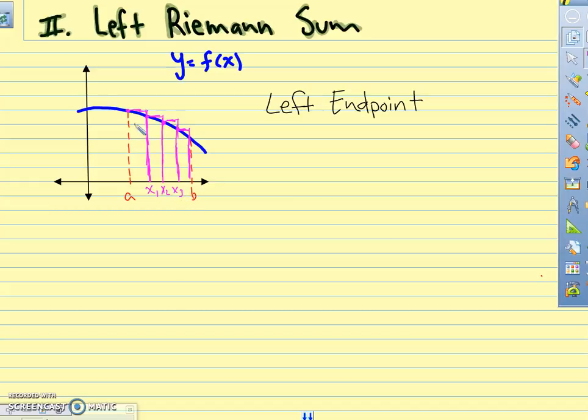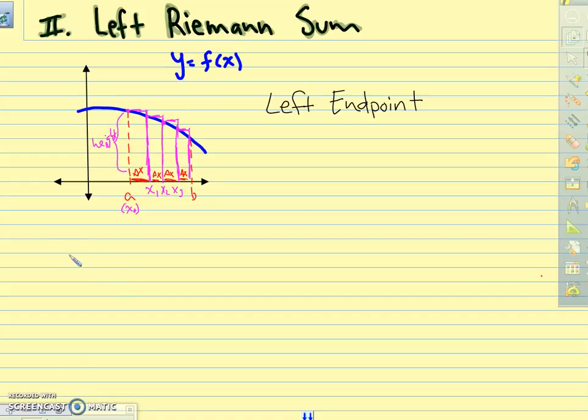Now notice that in my first rectangle I need x sub 0, so a is pretty much the same as x sub 0. I need to take that into account because that's how I'm going to find the height of this rectangle here. And this is still delta x. The base is still delta x for all of these.